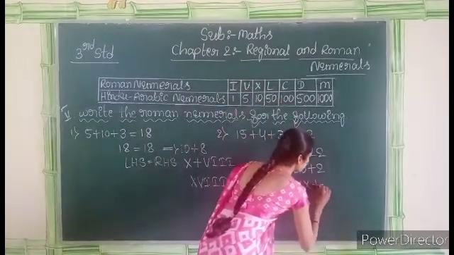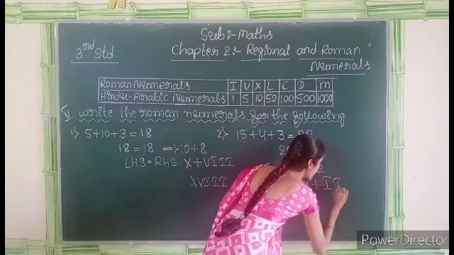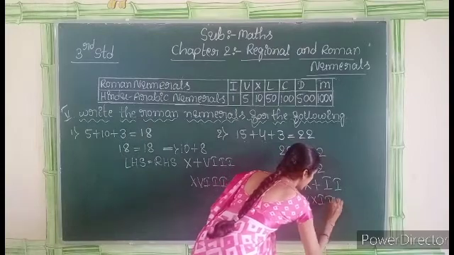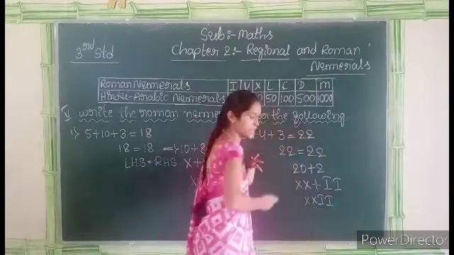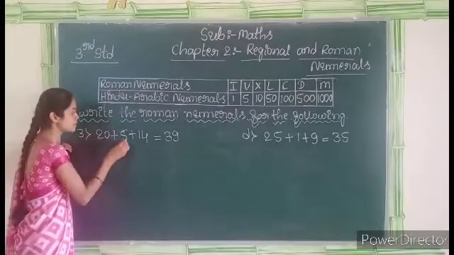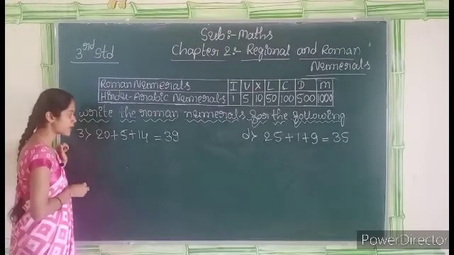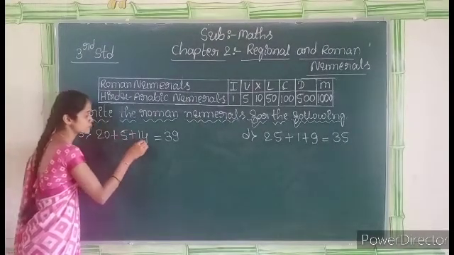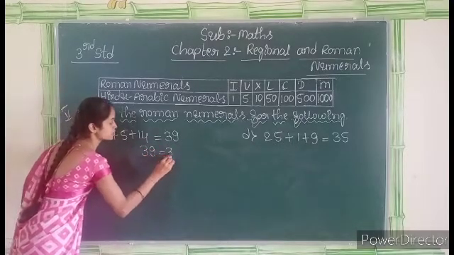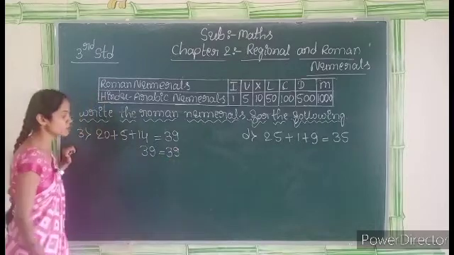For this 2 we can write double I. XXII represents 22. Here, 20 plus 5, 25, 25 plus 14, 39. 39 is equal to 39. LHS is equal to RHS.